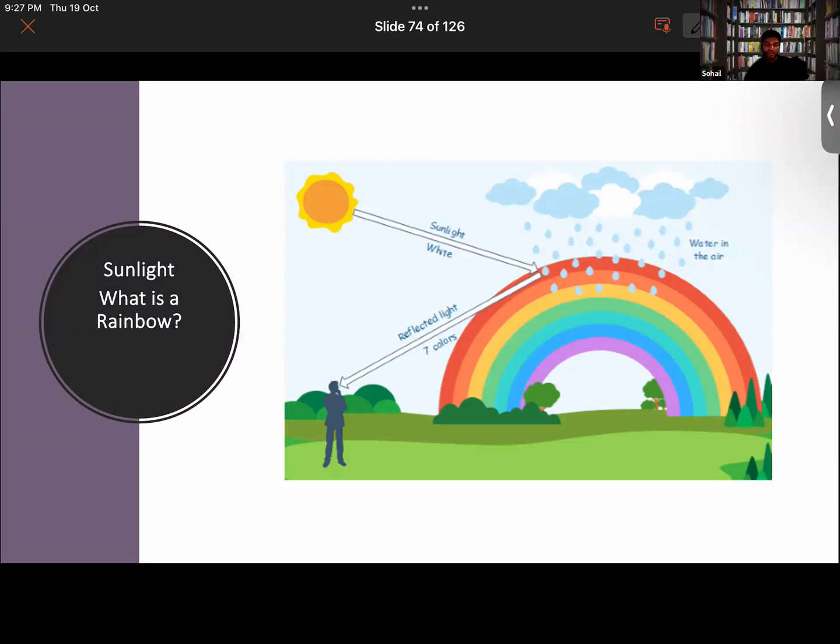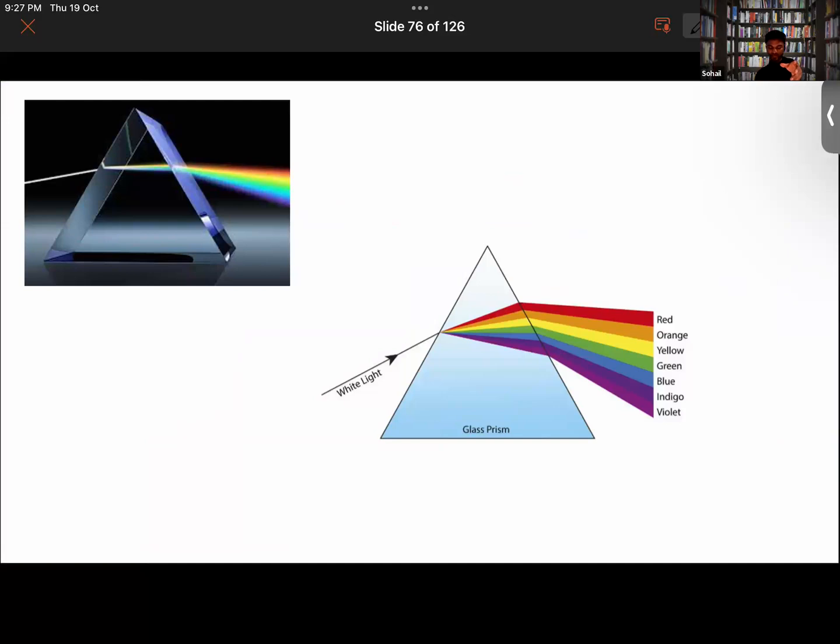In the year 1665, Newton did some experiments using glass prisms, and the VIBGYOR was obtained using this. He basically said that sunlight is made up of a mixture of lights of 7 colors.